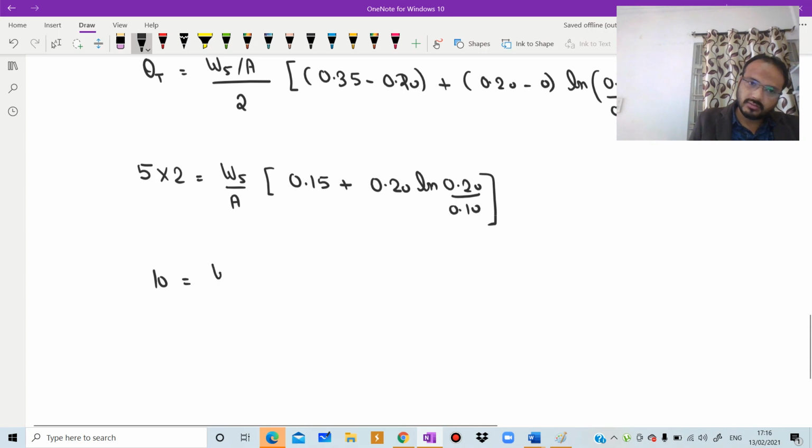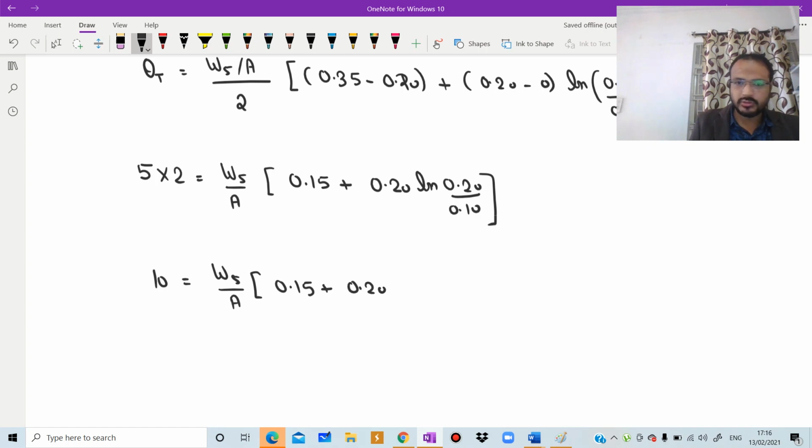10 is equal to Ws by A into 0.15 plus 0.20 ln 2.